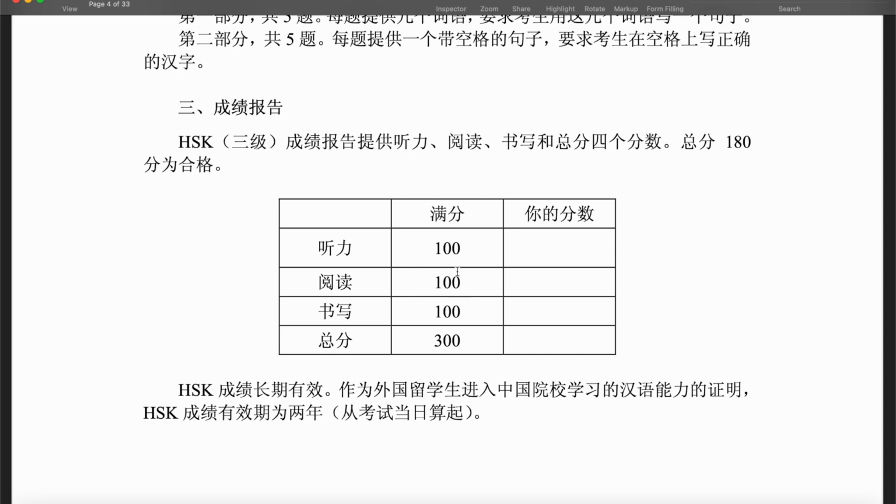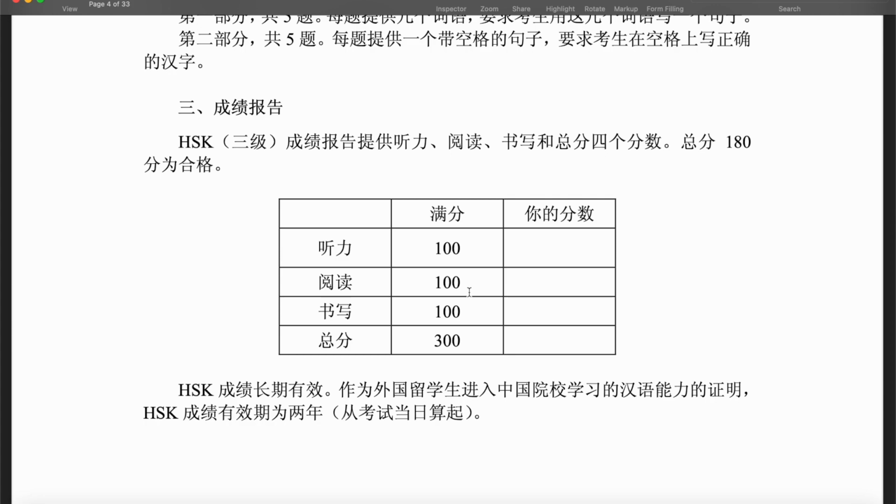In reading we have a total of 30 questions, but total marks is 100. And in writing we have only 10 questions, but still the total marks is 100, right? So that means going by marks, the writing part has more weightage, right? Each question is almost like 10 marks.